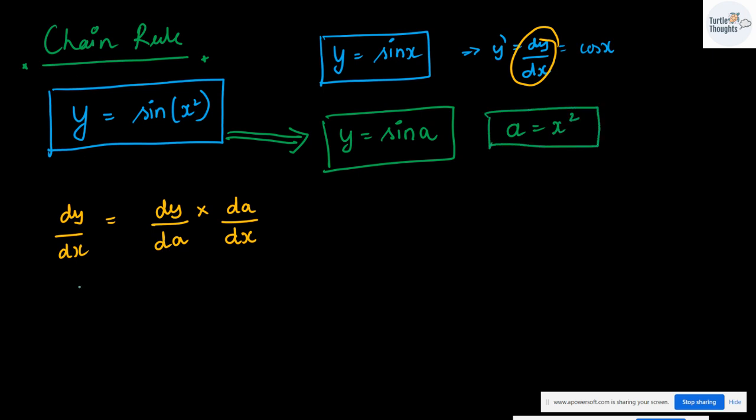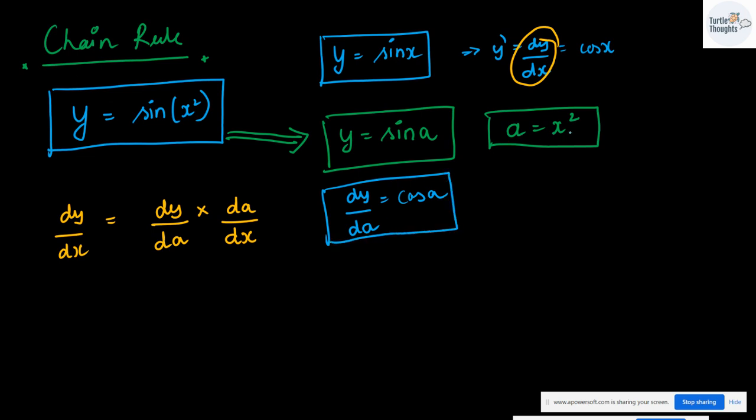Yes, same thing, right? Now dy by dA, meaning the differential of y with respect to a, what is it going to be? The differential of y with respect to x when y is equal to sine x is cos x. So the differential of y with respect to a is going to be cos a.